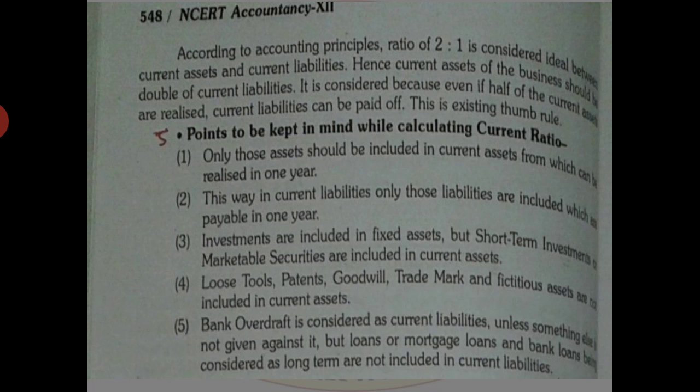Okay, first thing, only those assets should be included in current assets which can be realized in 1 year, and for the liability it is the same, only those which are payable in 1 year are included.